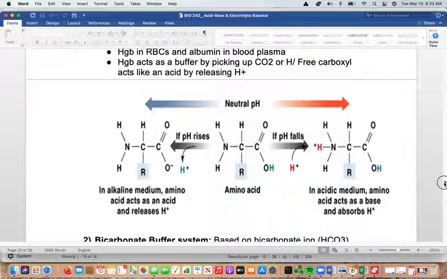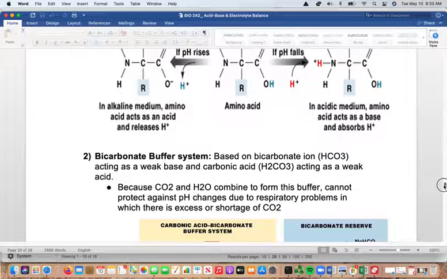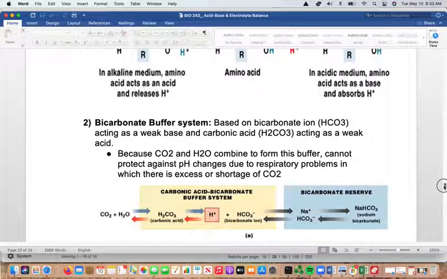So this is showing here with an amino acid. If the pH falls, you can have the hydrogen ion fall off. If the pH rises, the hydrogen ion can be put back on. The bicarbonate buffer system is based on the bicarbonate ion acting as a weak base, and then carbonic acid acting as a weak acid.